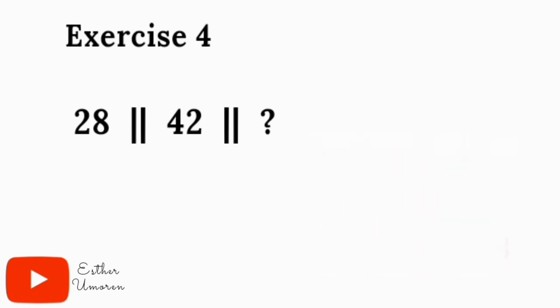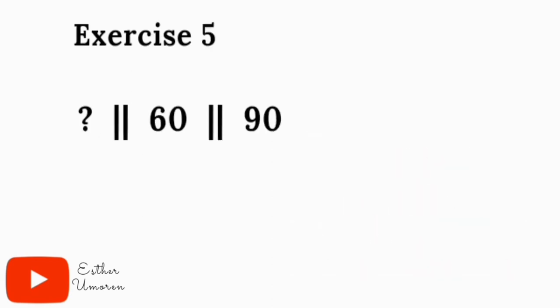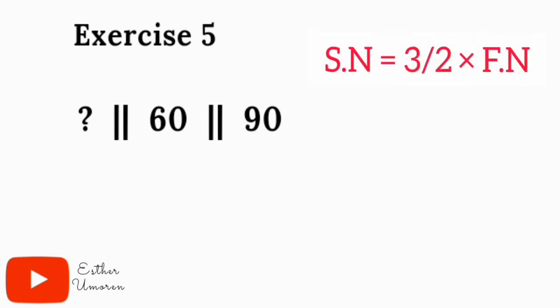All right. Exercise 5. Question mark, 60, 90. All right. The first is not known. We know the second. We know the third. Our formula will be very helpful here. All right. So we have that 3 over 2 of the first number gives the second number. We already know that. So we can as well say that Sn here equals 3 over 2 of the first number.